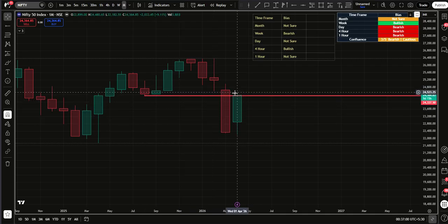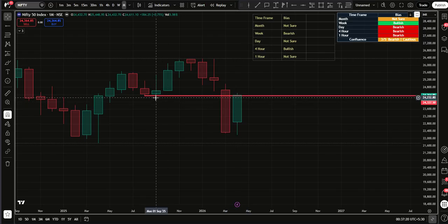That's the reason I said yesterday and the previous day that Nifty could consolidate at this level for the next few days, and towards the end of the month make a move.